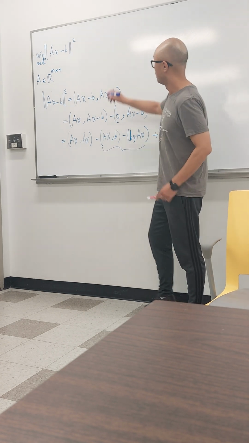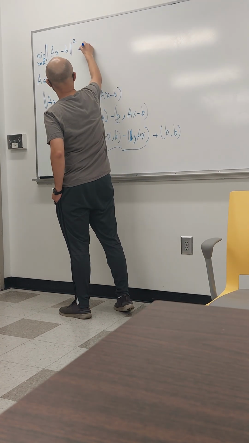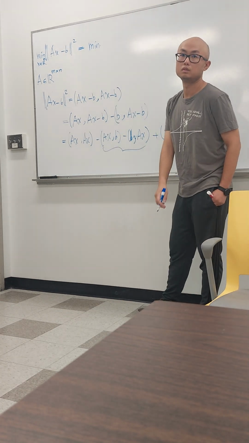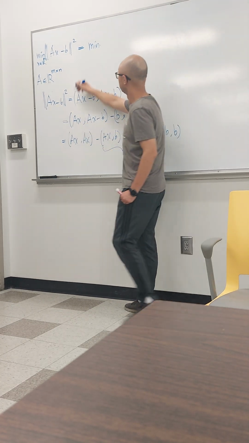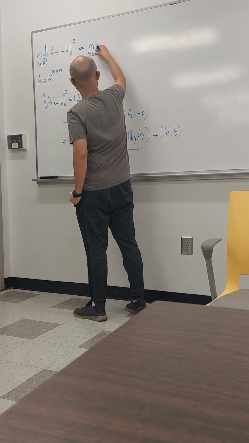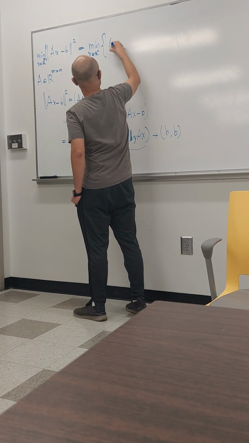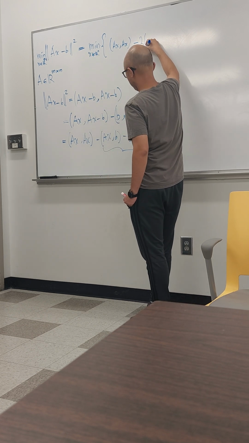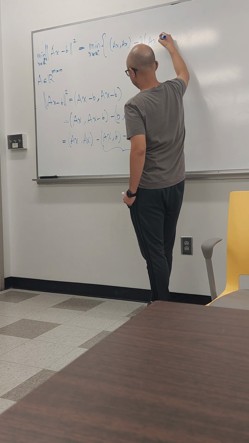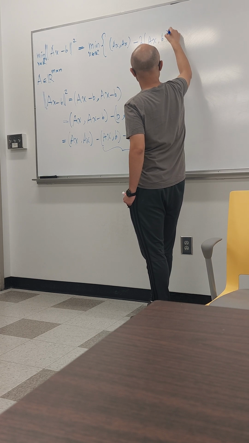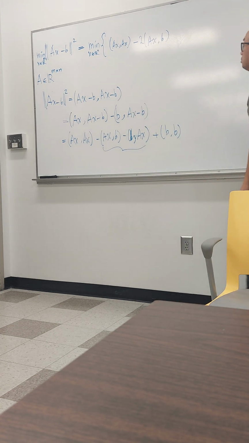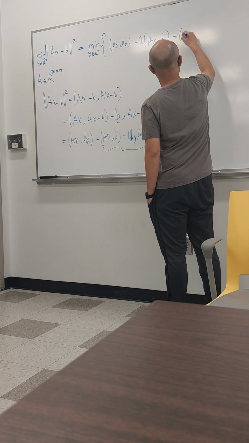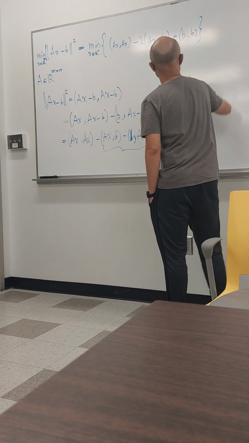So we minimize, over X in Rn, AX inner product with AX minus 2 times AX inner product with B plus B inner product with itself.